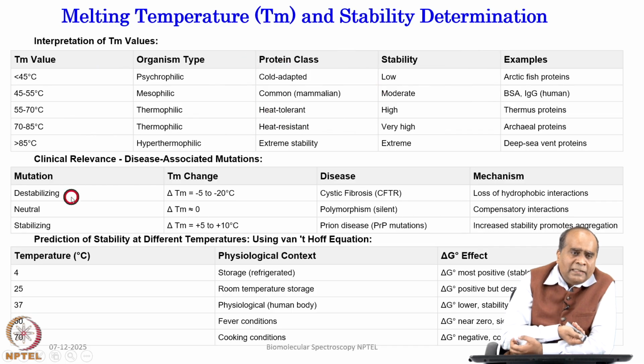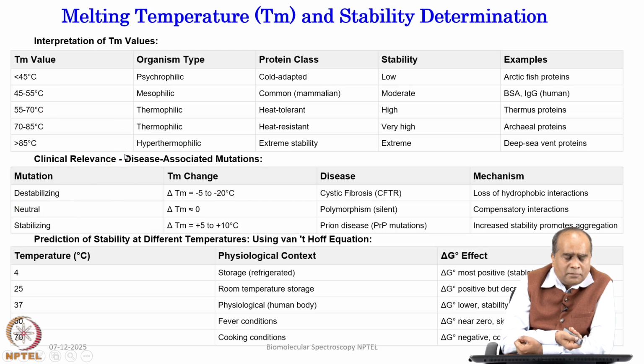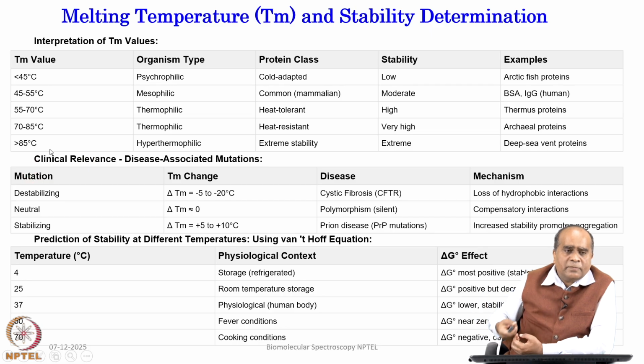What is the clinical relevance of such understanding? Mutation exists all the time in any organism or protein. There can be a stabilizing mutation, a destabilizing mutation, or a neutral one. Suppose a mutation destabilizes the protein, it will reduce the melting temperature by 5 or 20 degree.